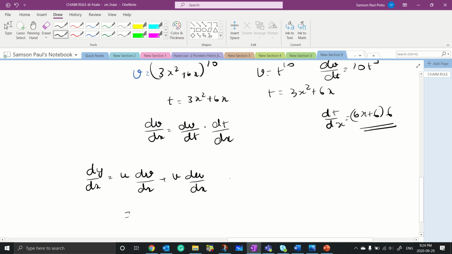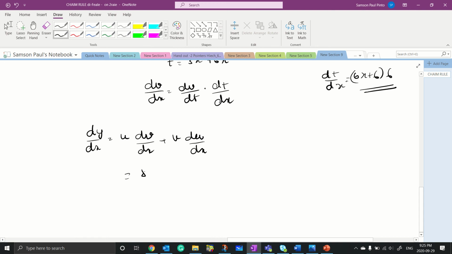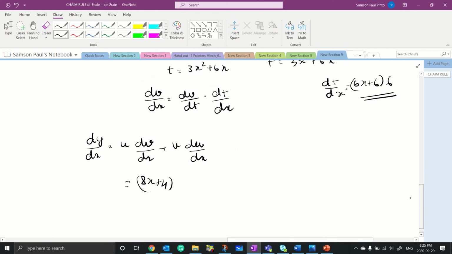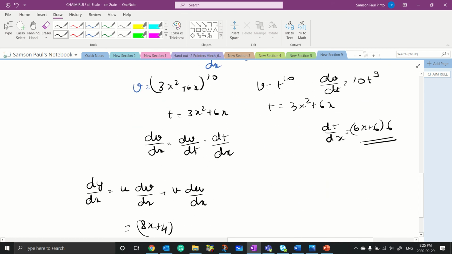I have my u directly, 8x plus 4. Yes, it's 8x plus 4, and dv by dx I have in terms of dv by dt and dt by dx, so it is nothing but this multiplied by this.